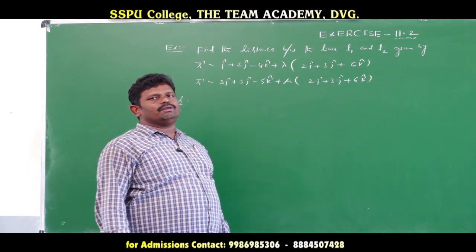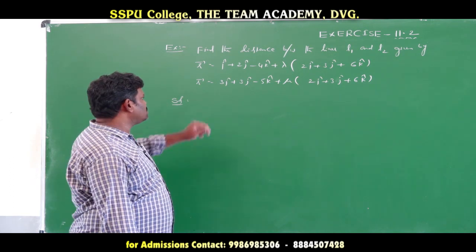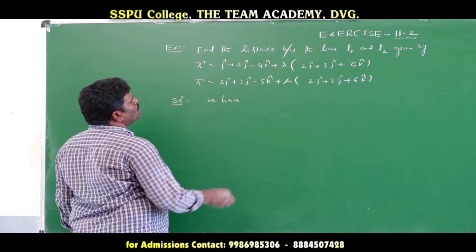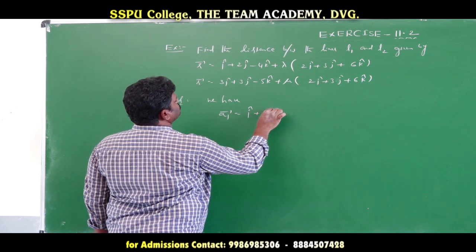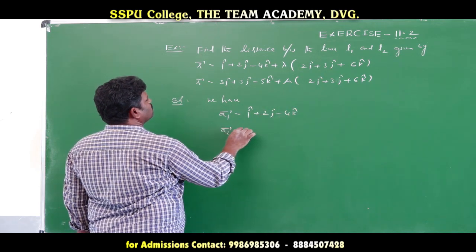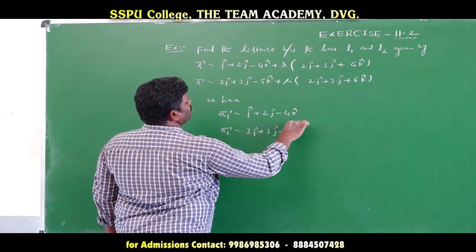Shortest distance formula is b bar cross a2 bar minus a1 bar by magnitude of b bar value. Okay? So that's why what we done here, we have from that equations first a1 bar is equal to i cap plus 2j cap minus 4k cap. So a2 bar is equal to 3i cap 3j cap 5k cap.